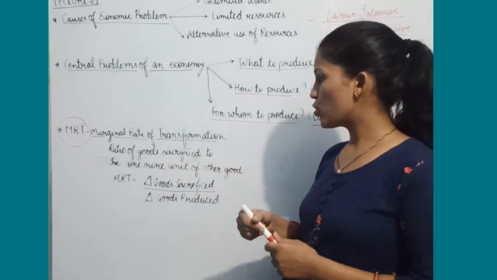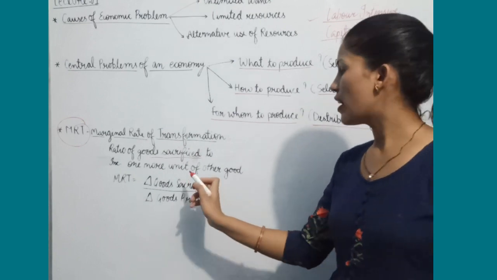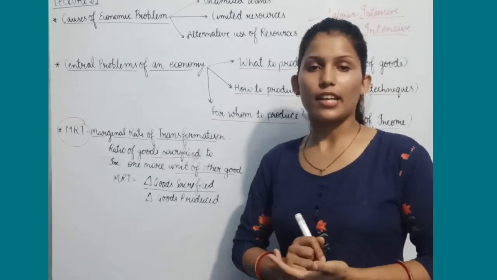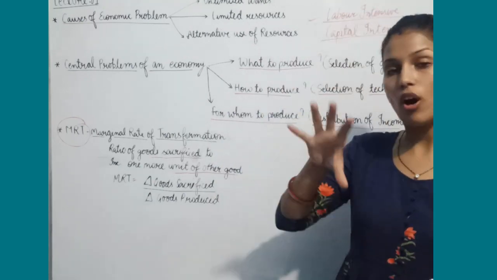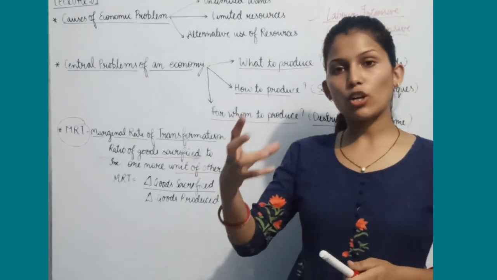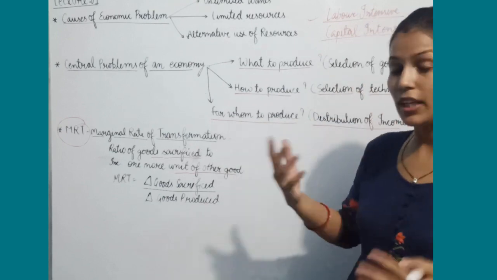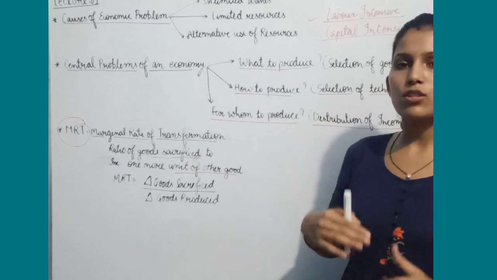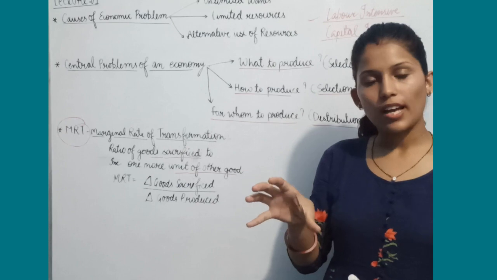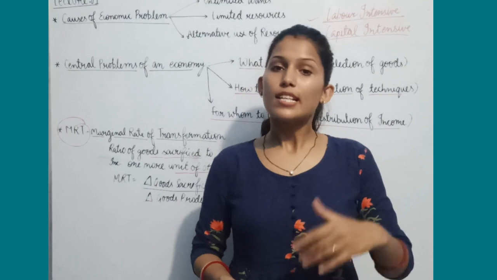Clear? So it is a ratio of goods sacrificed to increase one more unit of another good. Means, for example, if I have rupees 10 and I use that whole amount in the purchase of A commodity, and I have to purchase B commodity also, so slowly I will reduce my consumption of A good and I will increase the consumption of B good.